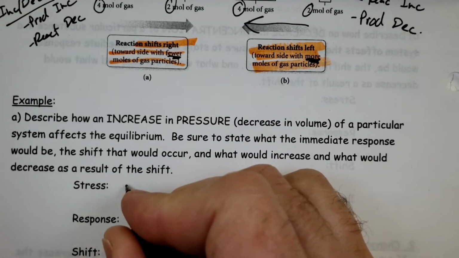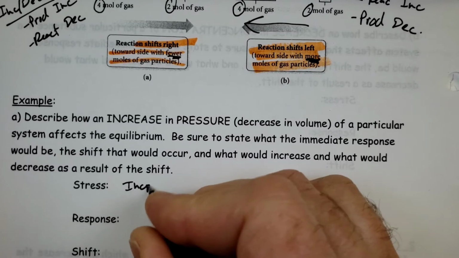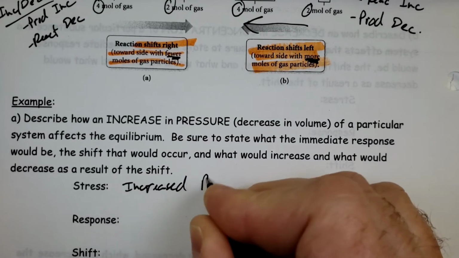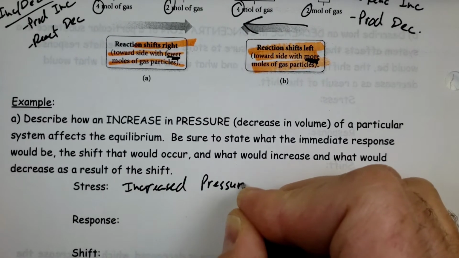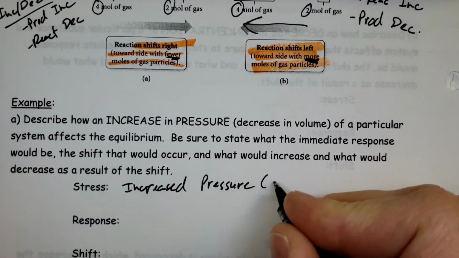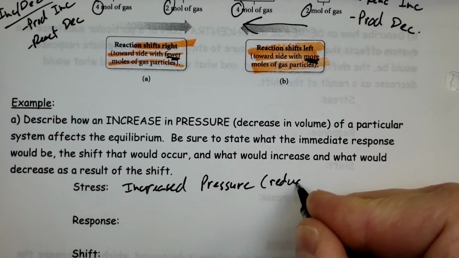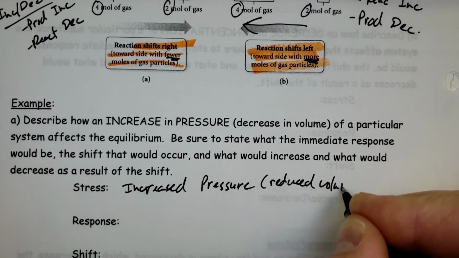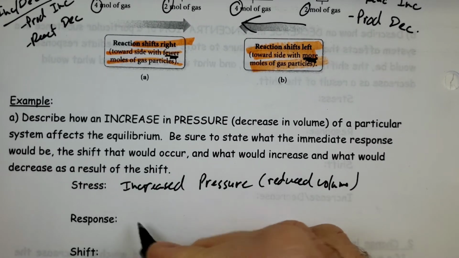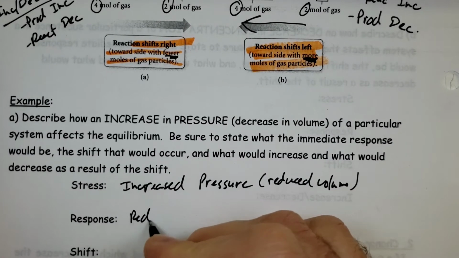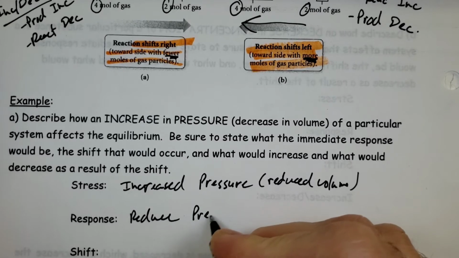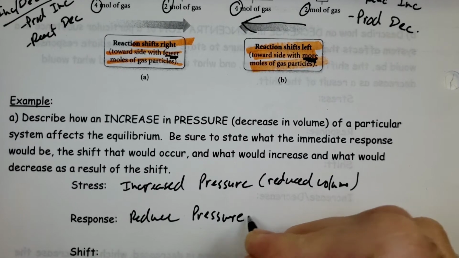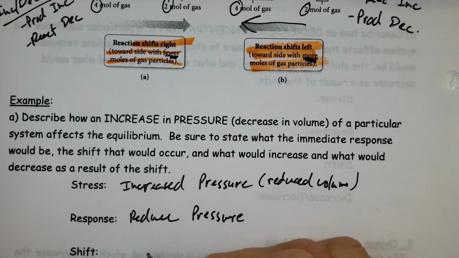So let's say I had increased pressure, which is the same thing as reduced volume, the response will be to try to reduce pressure. So it's always the opposite, right? The response is always the opposite of the stress.